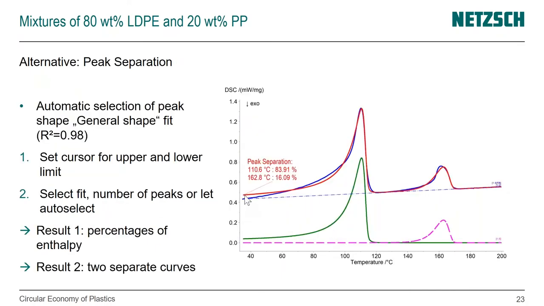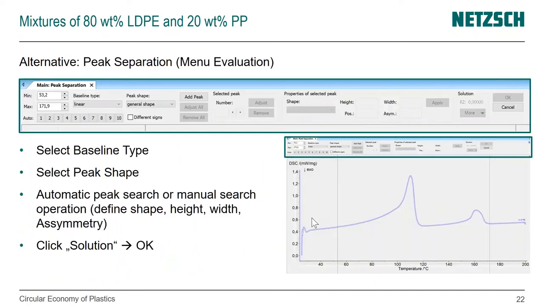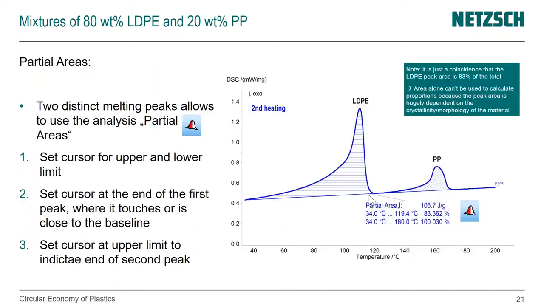Yeah, we started at 35 degrees C. But if you actually are referring to slide 21, I'm just assuming that that could be a typo, or that you didn't read the slide number properly. Here, if I do the partial areas, you determine visually where the previous peak touches the baseline, and this is where you set the end, and then the rest is already contributing to the PP.